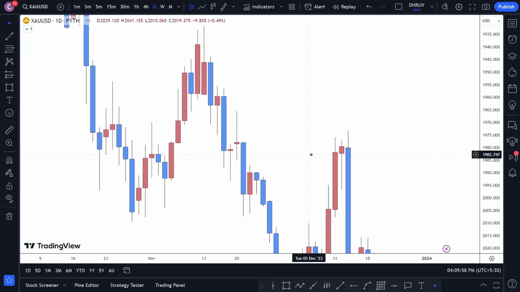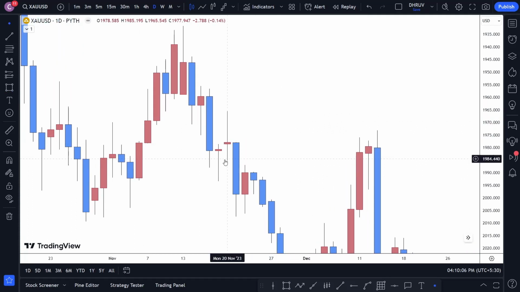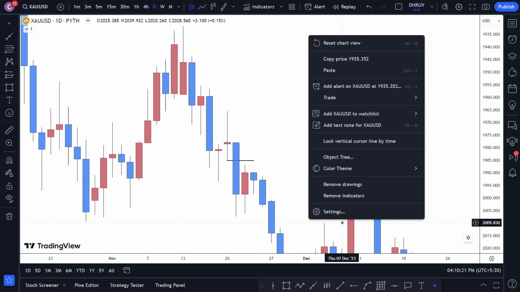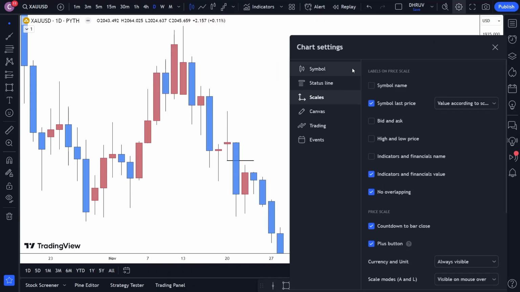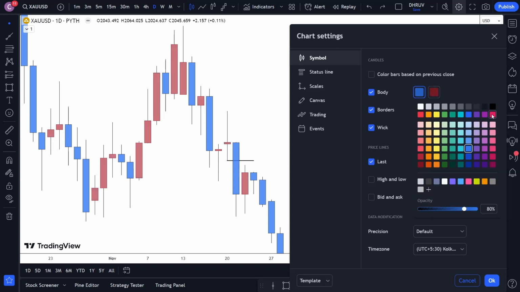Let me go for the classic one too. So we see an engulfing sell again. Why is it an engulfing sell? Because it met our condition. Simply, when the low of a bullish candle is being engulfed by a bearish candle, let me change the colors, it can be confusing.